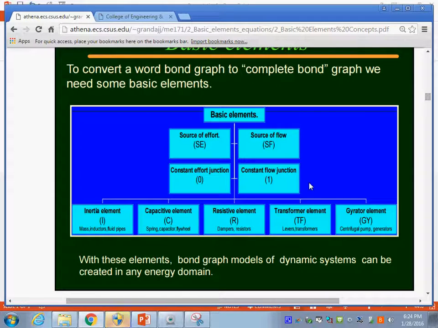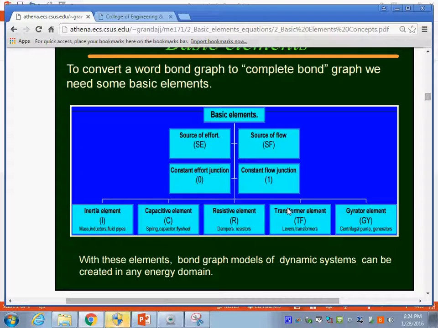And then you have this transformer element, which is like the gearbox on the model that we just saw. It's a conservative element that actually transforms one angular velocity into another, or one torque into another torque, or one force into another force. And then you have the gyrator element, which is also a type of transformer.